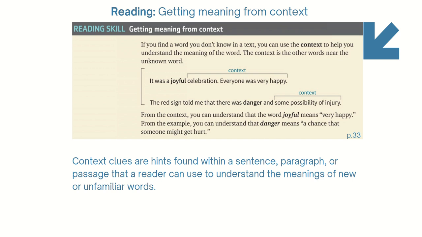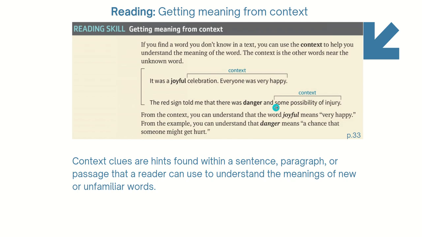However, we do not get the exact meaning, or we do not get 100% correctly based on the dictionary. Then let's take a look at another sentence. The unknown word is danger. Of course, we know what danger is, right? But this is just an example. The red sign told me that there was danger and some possibility of injury.